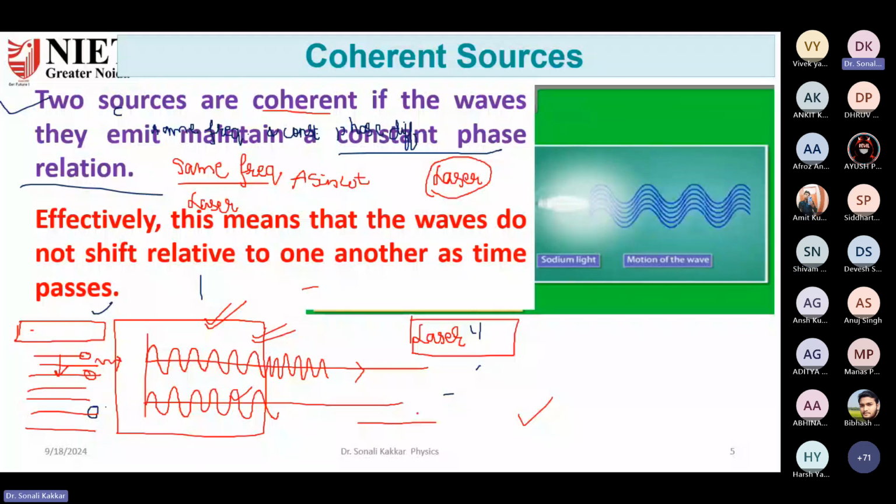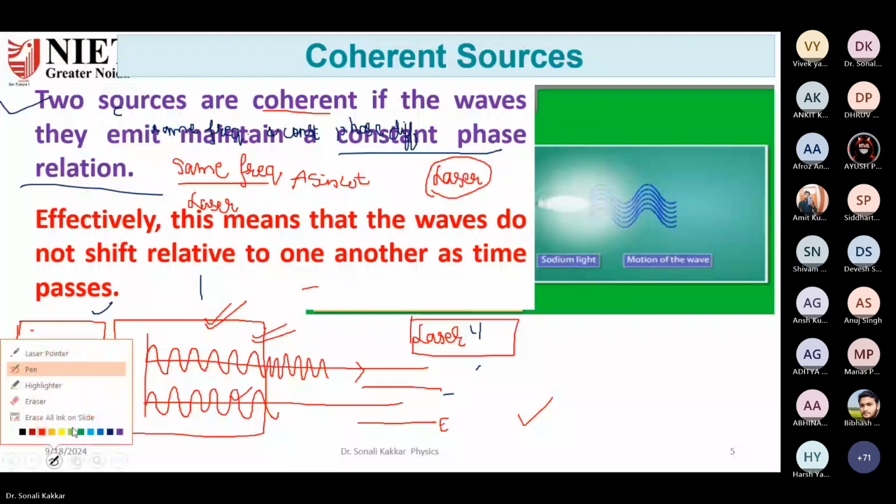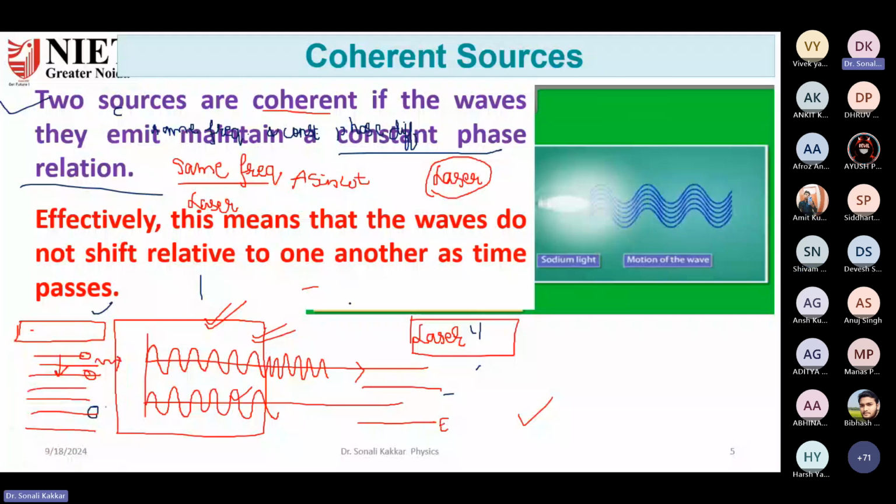Suppose there are these two energy levels, E1 and E2. These two energy levels we are considering in an atom. So these are the energy levels of electrons. There are a number of energy levels, we are only considering these two to give you a picture of how light is emitted.